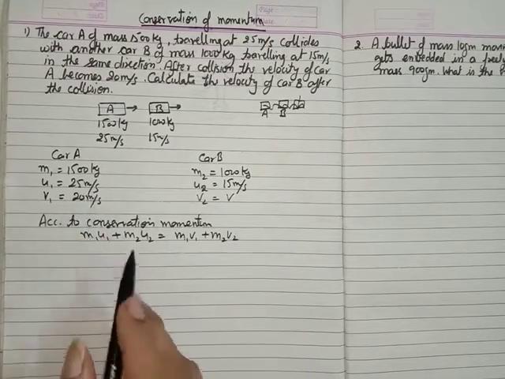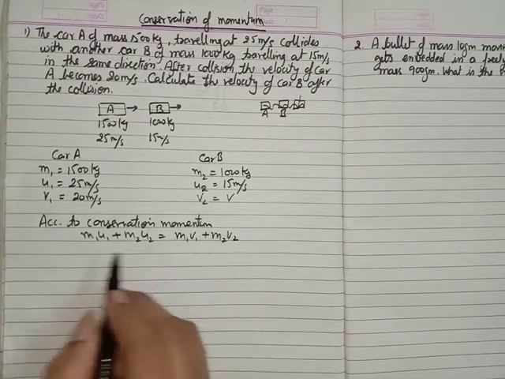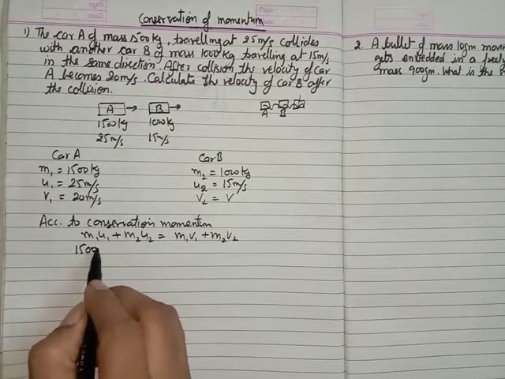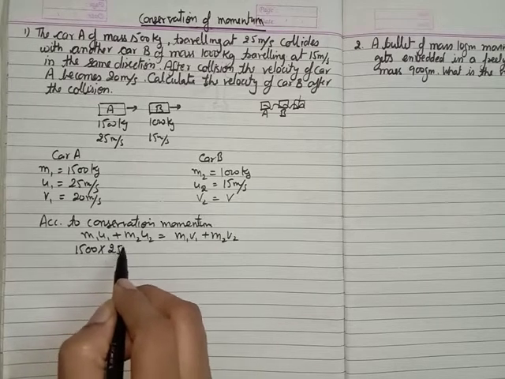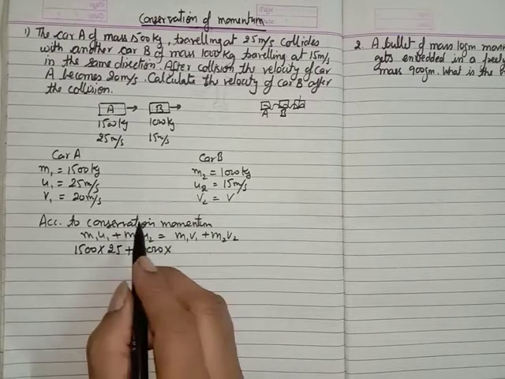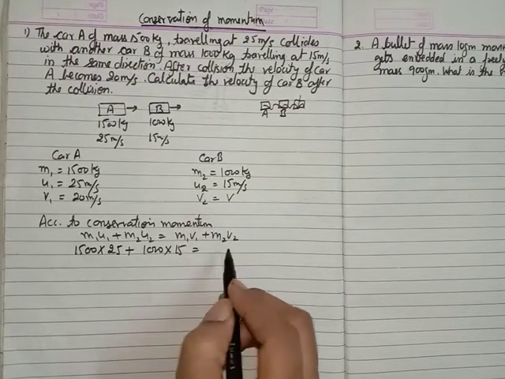Now you can write the values: m1 is 1500 multiplied by u1, which is 25, plus m2, which is 1000, multiplied by u2, which is 15, is equal to it.